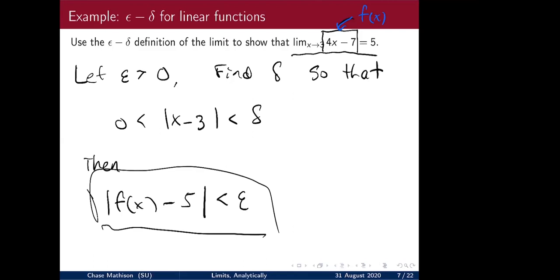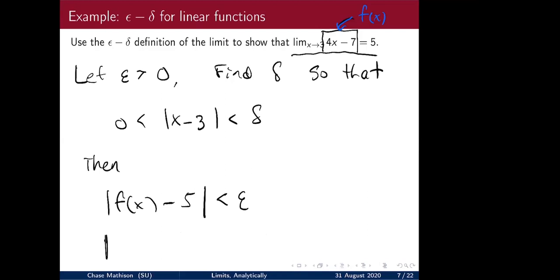these problems. So if I actually plug in f of x on the left of this, then I want to show that the absolute value of 4x minus 7 minus 5 is less than epsilon. I want to show I can find a delta so that I get this inequality.